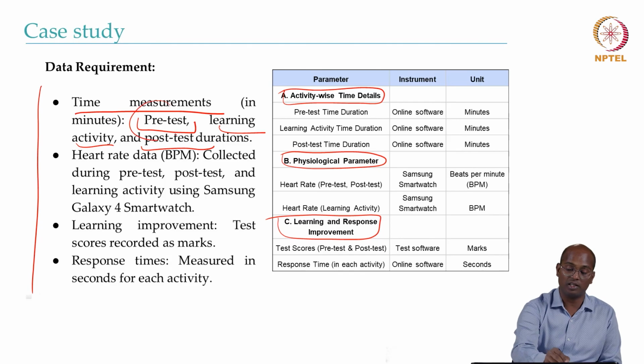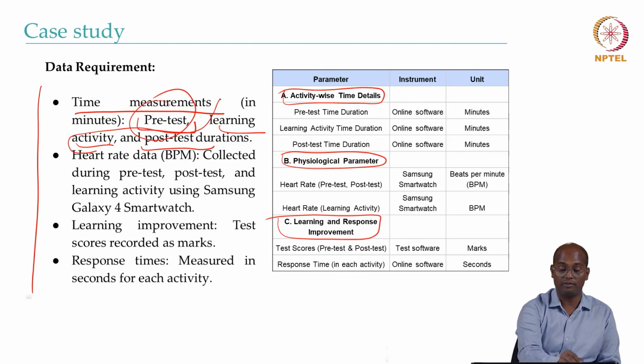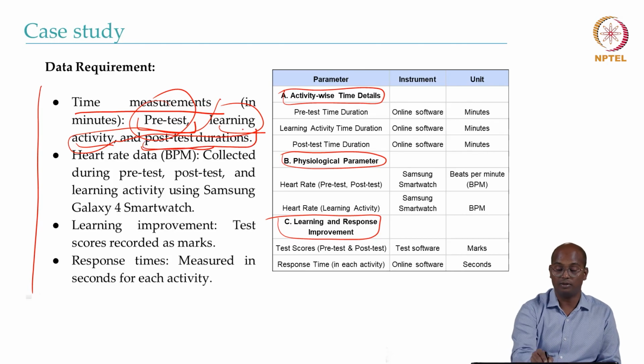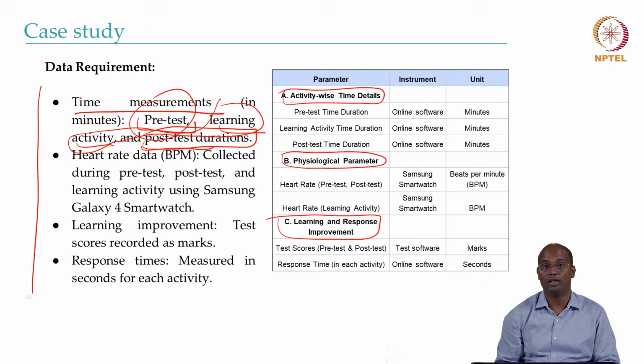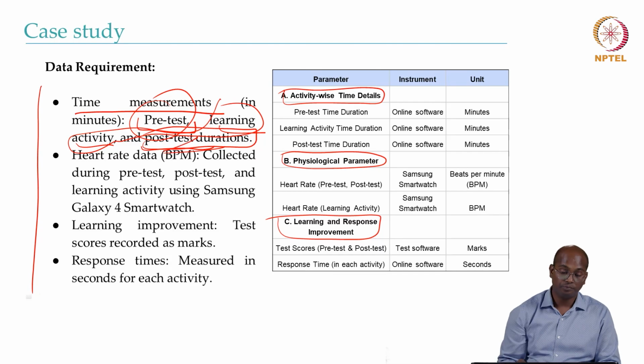We call it the pre-test. How do they perform in the pre-test? Then the learning activity happens with the different modality. Once the learning has happened with a different modality, we ask them to appear in the test again and see how they perform, whether there is any improvement in learning or not. So that is called pre-test, post-test.